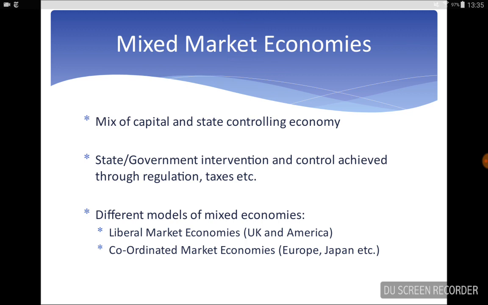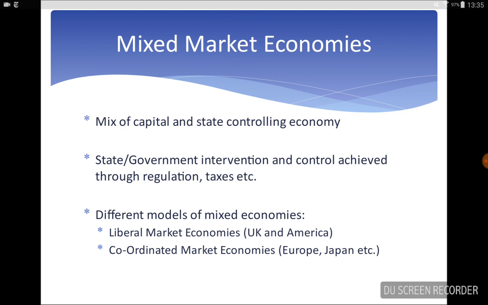But in principle, a mixed market economy is where you have a combination, a mix, as it says here, of allowing businesses to do what they do best, to run their businesses, to manage supply and demand in the marketplace, to set prices, but there are some things that the state will control and will intervene with.